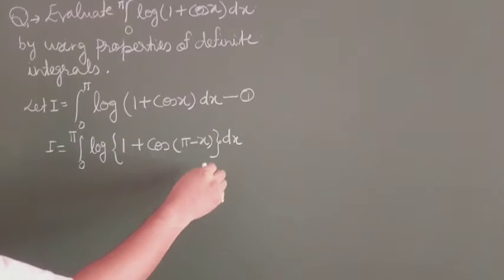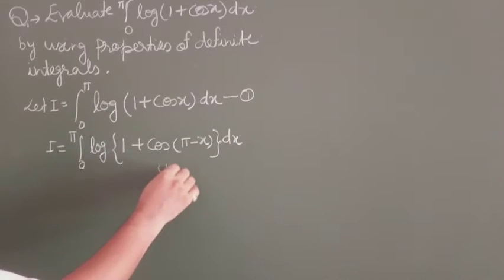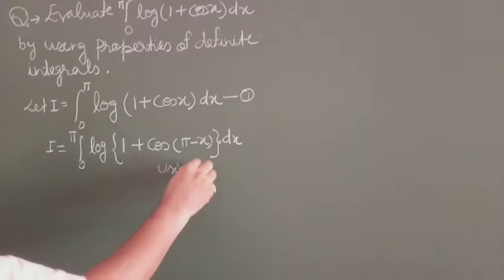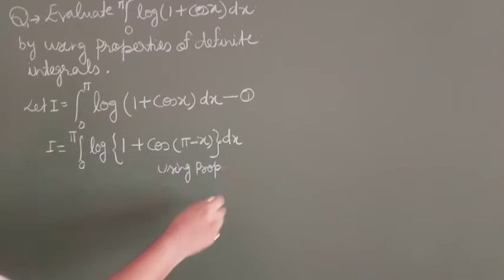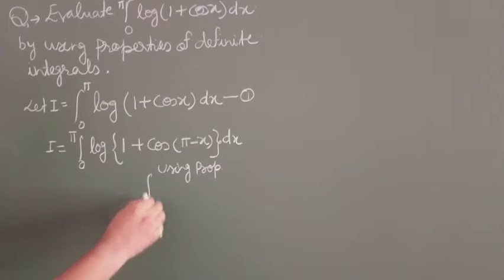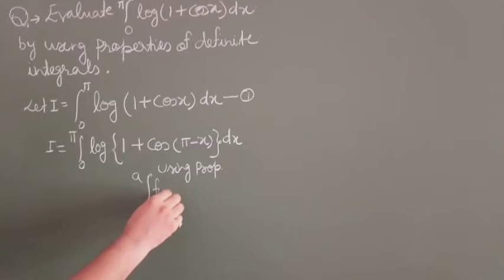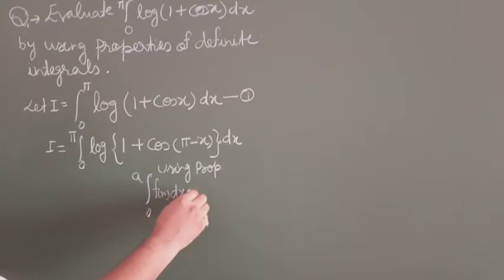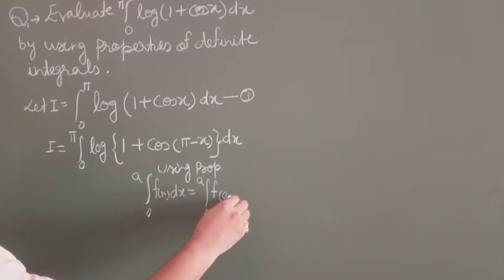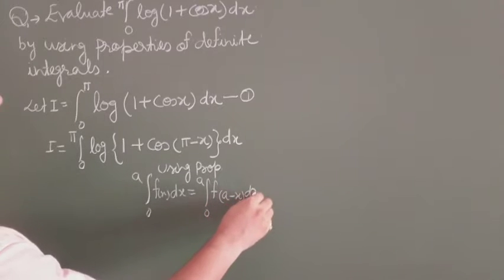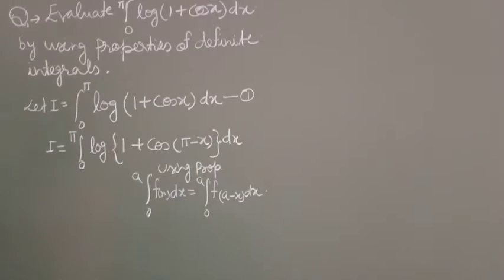In brackets we can mention: using the property integral 0 to a f(x) dx equals integral 0 to a f(a minus x) dx. This property we have used.